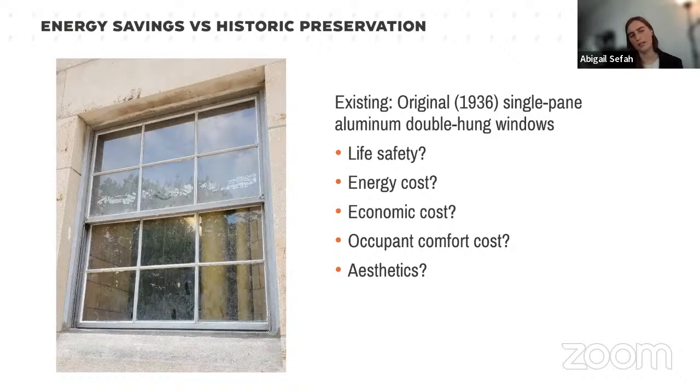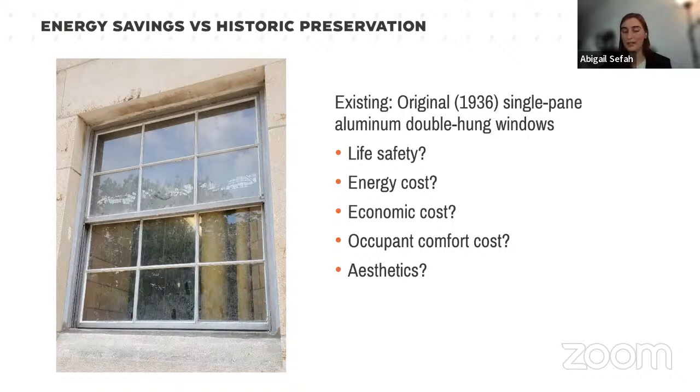This project was really interesting though, in that it wasn't just a straightforward decision about replacing. You had to consider all the different factors that were at play. For example, energy cost. If we install new windows, will that help the building's energy performance and therefore its economic performance, reducing the cost of energy? There's also an occupant comfort cost to be considered.